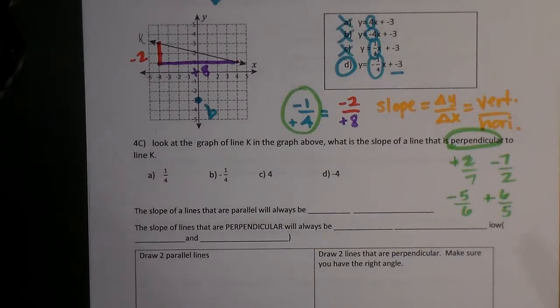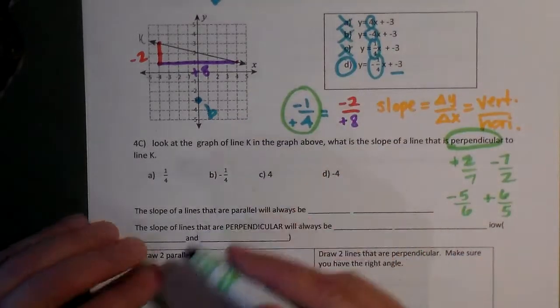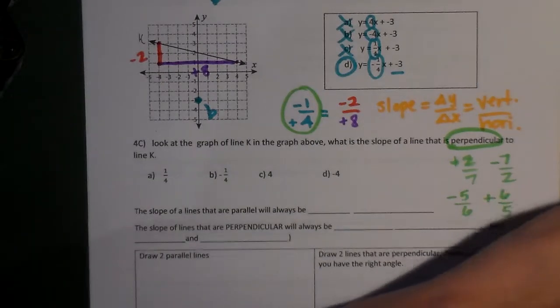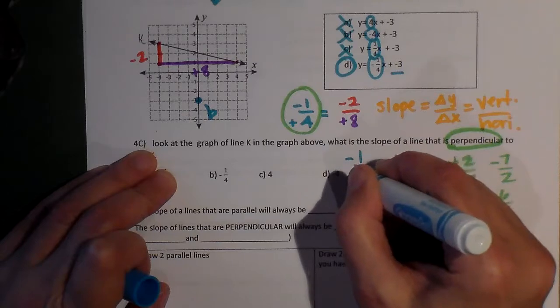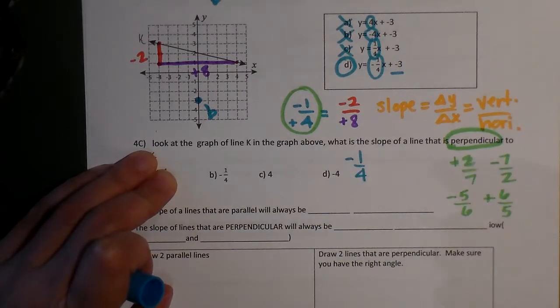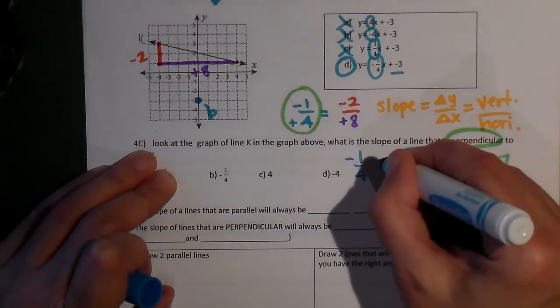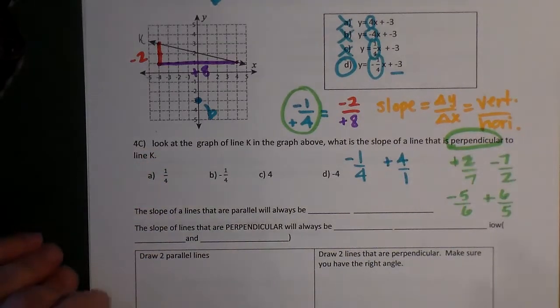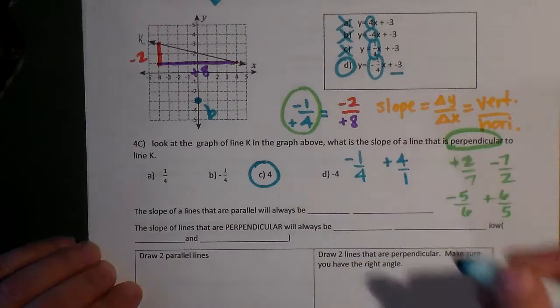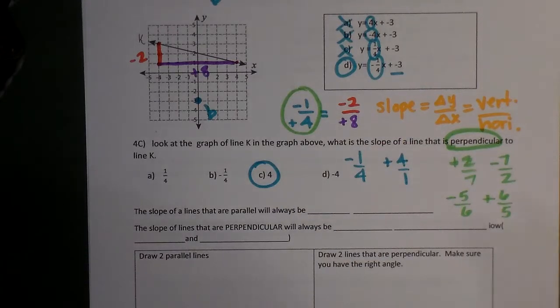So they're opposite flips, they're opposite reciprocals. So since our original line is -1 over 4, what would our new line be? +4 over 1, which is just the same thing as +4, so your answer is going to be C. So you'll get the graph, you'll find the slope like you do on the graph, and then you'll just do the perpendicular part of it.